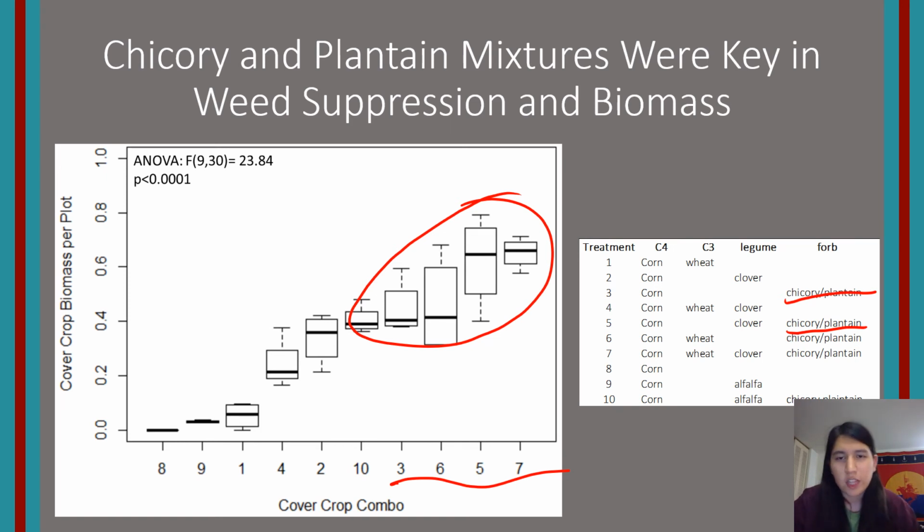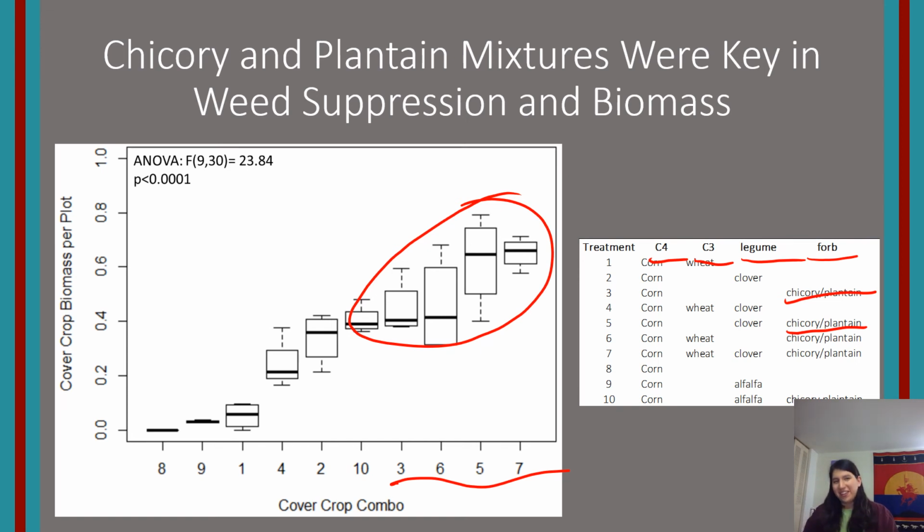So for this experiment, we had the C4, the C3, which indicate plant functional groups, as we call them. When we look at different natural environments, there are different types of functional groups, meaning plants just do different things, they have different ways of going about themselves.